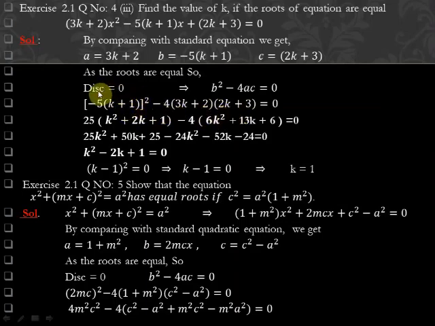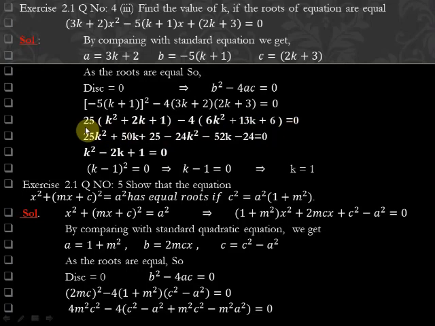On expanding the square, we will get 25 into (k square plus 2k plus 1) minus 4 into, on multiplying these two factors, we will get 6k square plus 13k plus 6, is equal to 0.